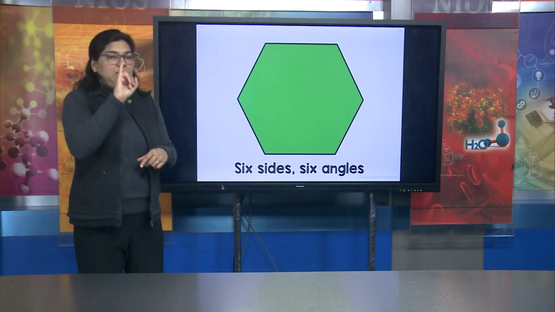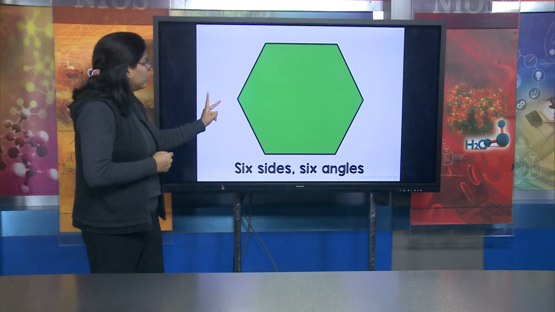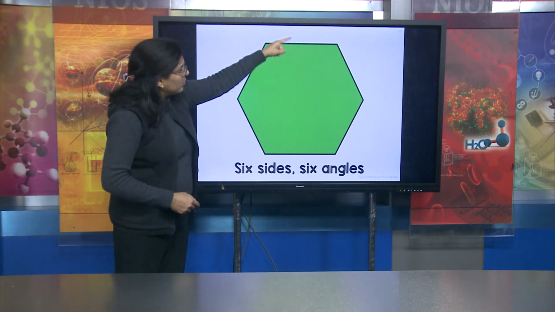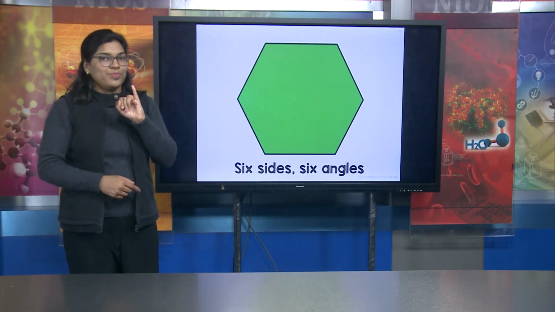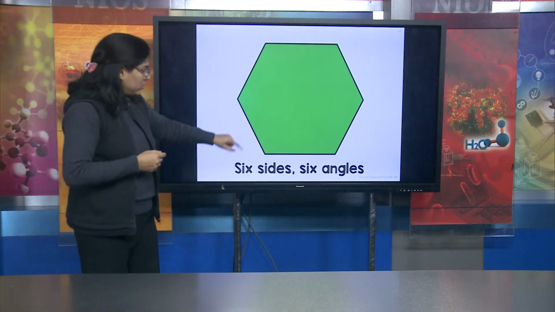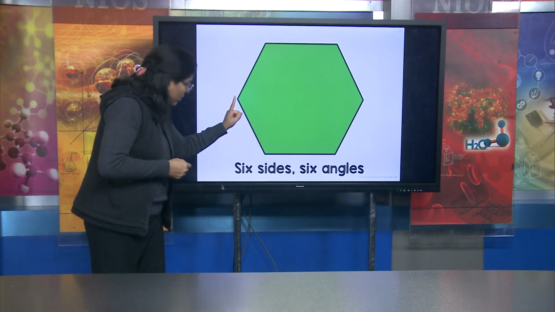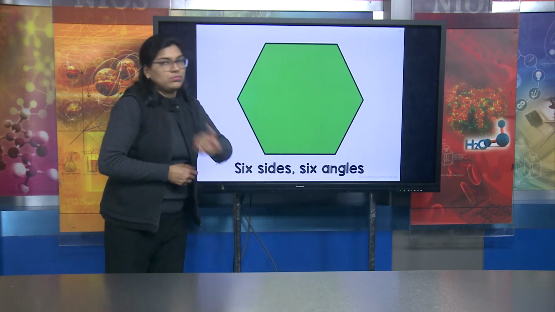Now this image has one more side, so it has 6 sides. See, first side, second side, third, fourth, fifth and sixth side. So 6 sides plus 6 angles. See, first angle, second angle, third angle, fourth angle, fifth angle, sixth angle.